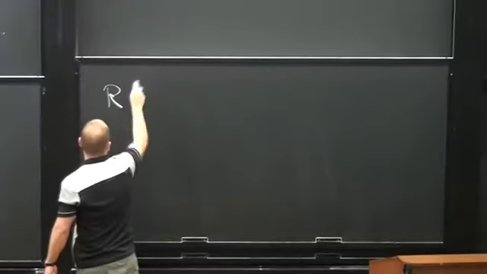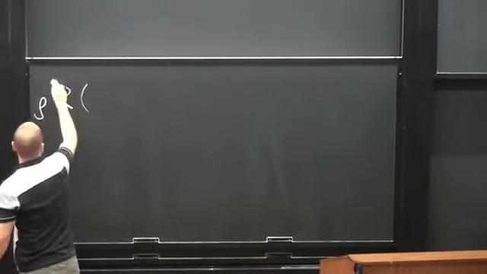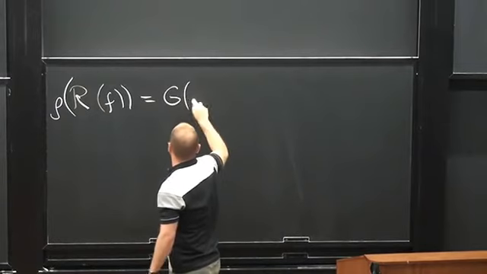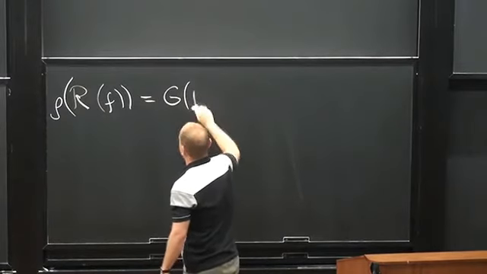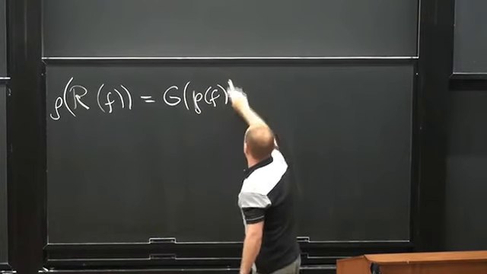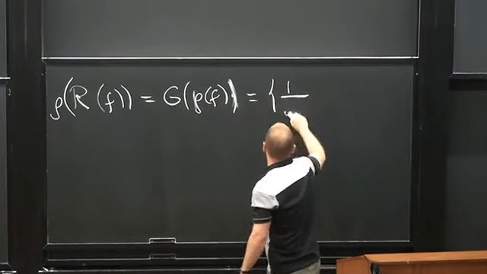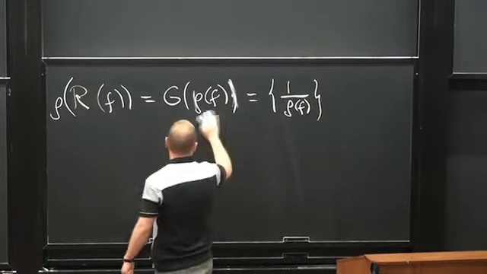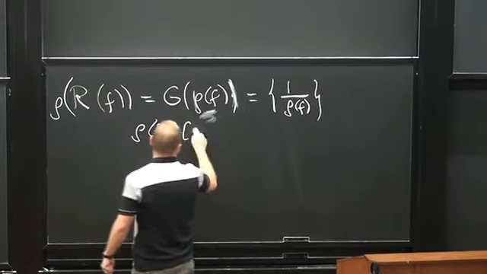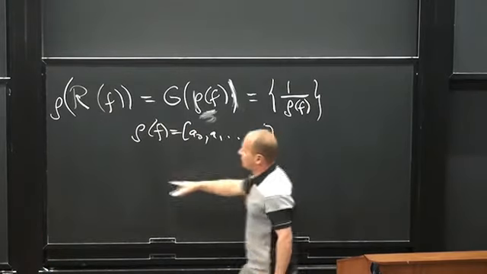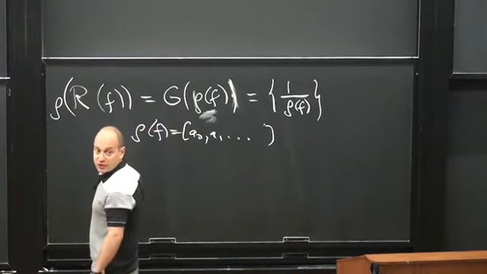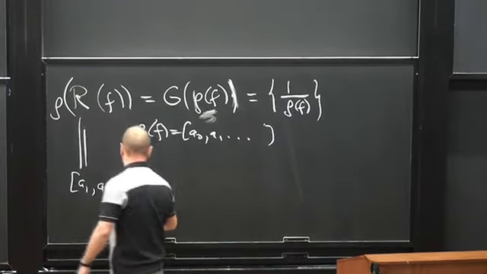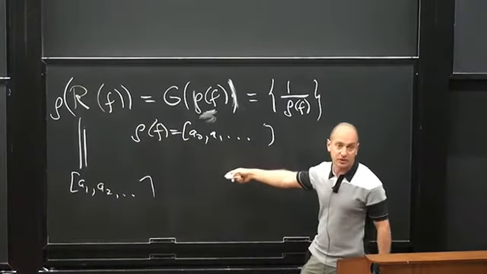So the rotation number of the renormalization of F is G of the rotation number of F, that is, the fractional part of 1 over the rotation number of F. In other words, if the rotation number of F is a continued fraction A0, A1, etc., then this just forgets the first digit, so this is equal to A1, A2, etc. It also tells you immediately which ones are not renormalizable even once.